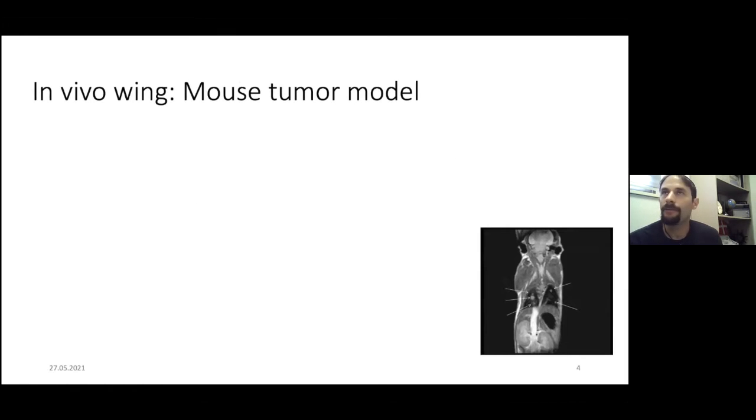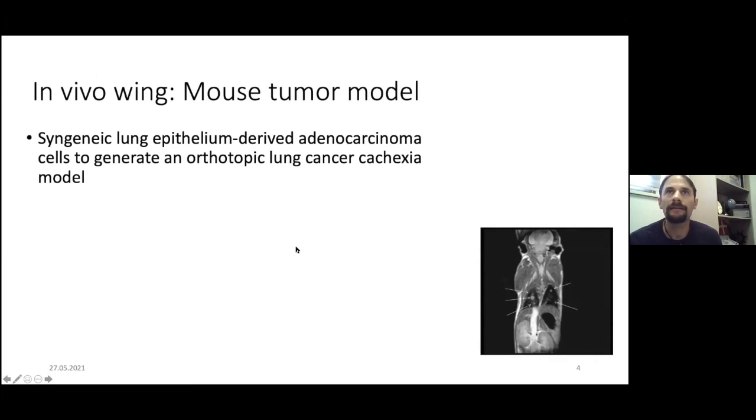Now, the in vivo wing is a mouse tumor model. We have several different tumor models, but the one that seems to be very advantageous for this type of study is a model that was described by Mikola, that she's actually working on and is well familiar with.